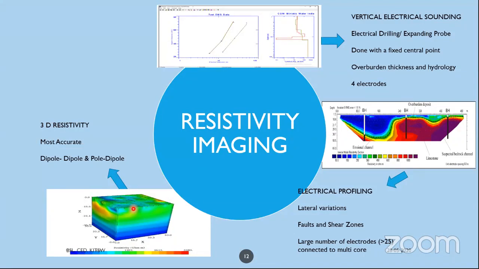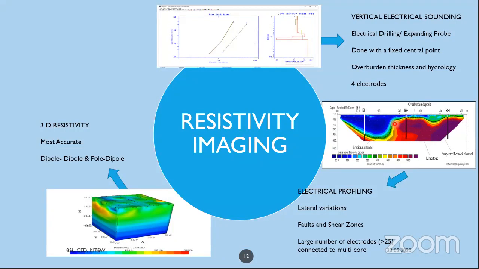The procedure is the same. What the software will do, for example, let's go to electrical profiling, let's make a very simple calculation. There are 28 electrodes. We want only 4 electrodes, that is 2 current electrodes and 2 potential electrodes.